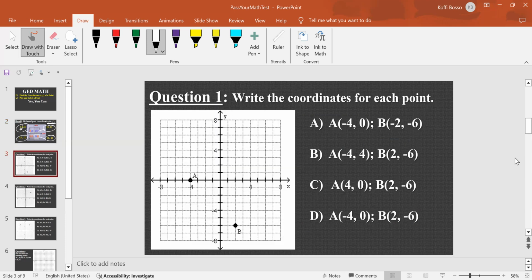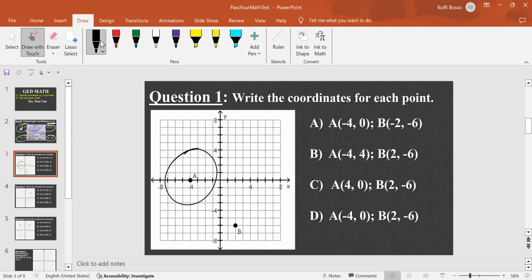Now, let's see here. Question 1. Write the coordinate for each point. So we have 2 points here, A and B. If you see, A is on the x line. So every time you have a point on the x line, know that the y value of that point is what? 0.